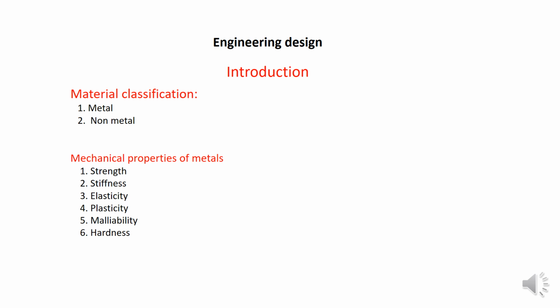It is the property of a material to regain its original shape after deformation when the external forces are removed. This property is desirable for materials used in tools and machines. Here the important point is steel is more elastic than rubber.